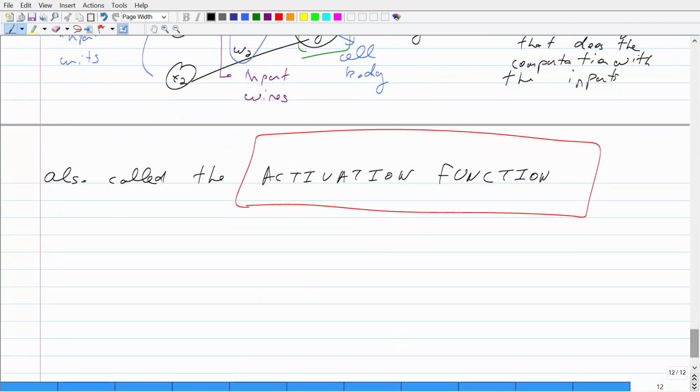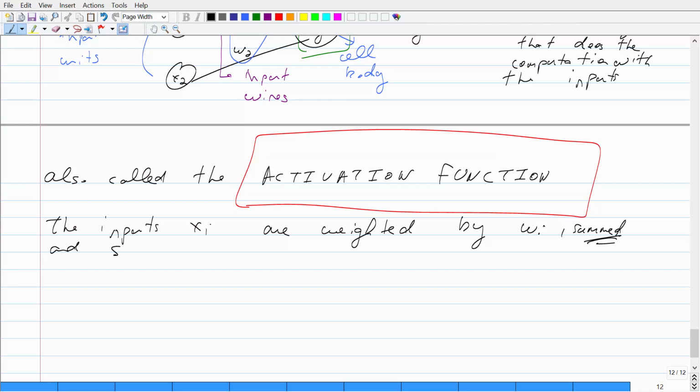Okay, so the inputs are weighted by the corresponding weights, summed and sent to the activation function.